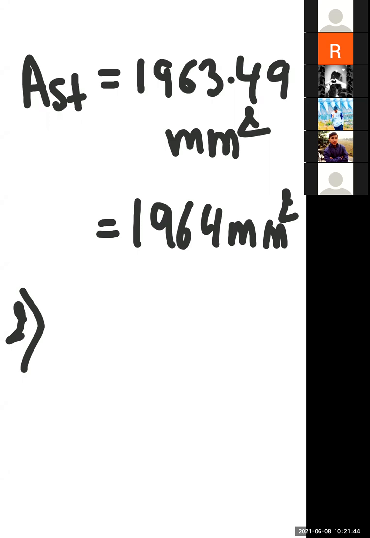M25 concrete and Fe500 steel are used. Means when M25 grade of concrete and Fe500 grade of steel we use, in that case we have to check whether the section is safe or not and calculate the maximum moment carrying capacity of the beam.